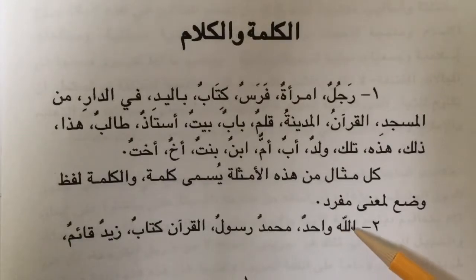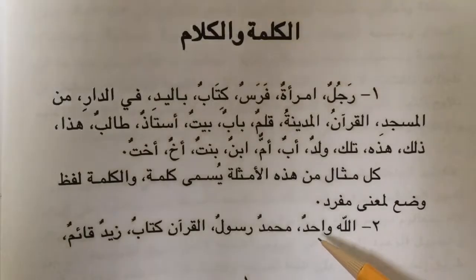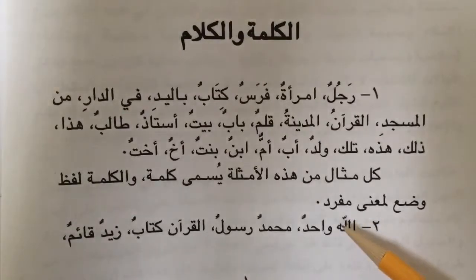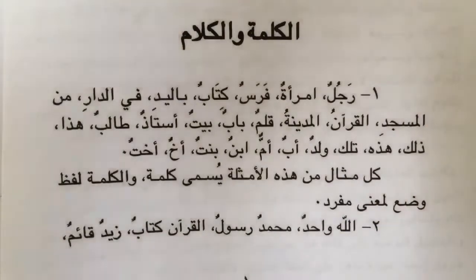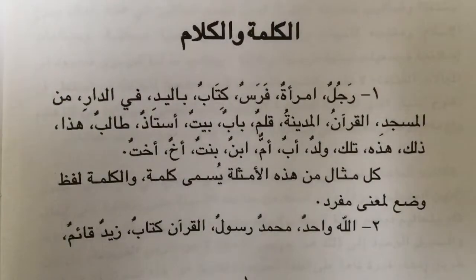So here we have a subject, Allah, or what's called in Arabic al-mubtada, the beginning of the sentence, the subject of the sentence, and wahidun, a khabar, something that we're stating about the subject. Allah is one. Mubtada khabar. Allahu wahid. So this is one way that we can make a complete sentence just with a mubtada and a khabar.